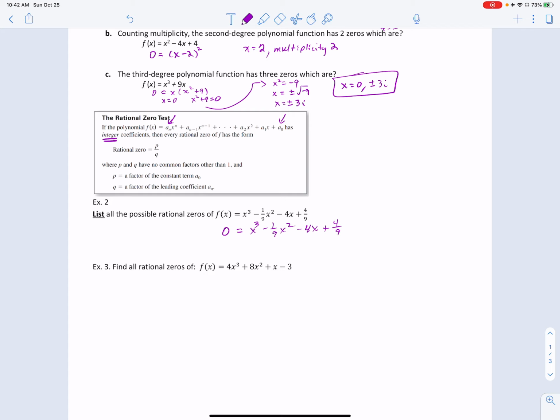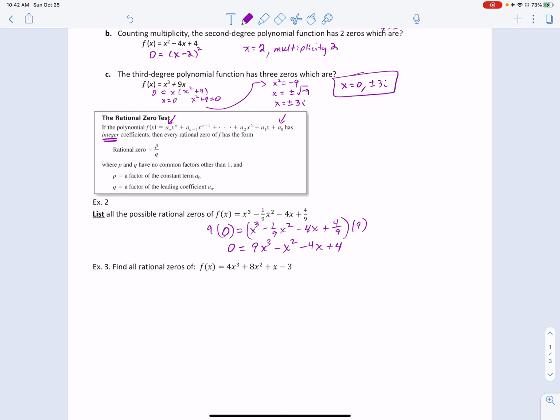And I'm going to multiply both sides by 9. So I'm going to multiply the left by 9, and I'm going to multiply the right by 9. Since it's an equation, I can do that. And then that's going to clear out those fractions. And now I have a polynomial where I have integer coefficients, and the rational zero theorem or test will work.